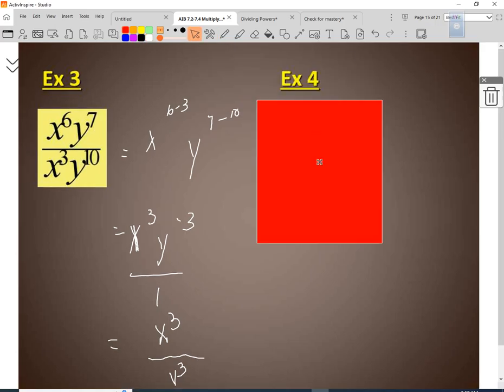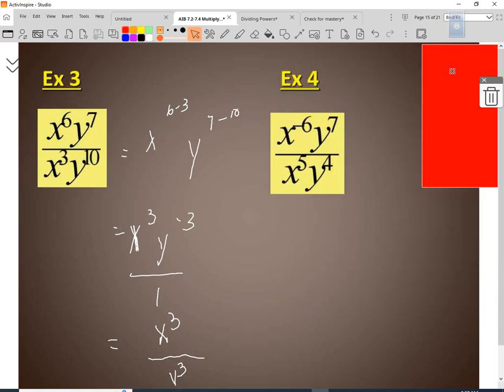Okay. Let's do this example. You guys try this one. Make sure you're working in pencil, that way if you mess up, you can erase.